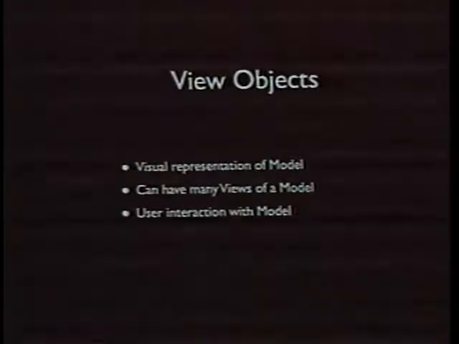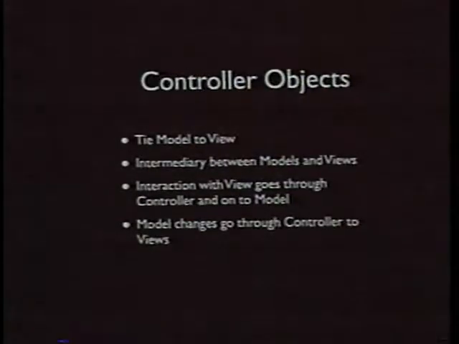So if I have a slider and it represents some sort of value of interest, as I move that slider along, I get to see something happening visually, and in some way it's telling the model to change, and that's where the controller objects come in.